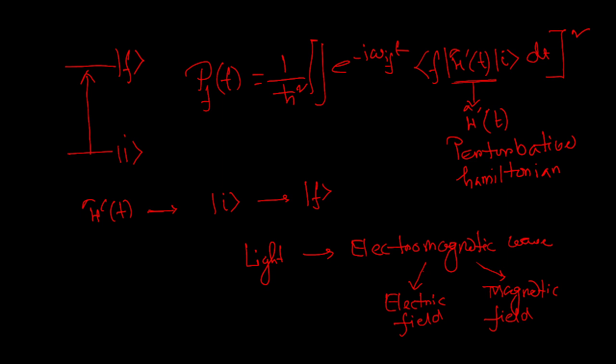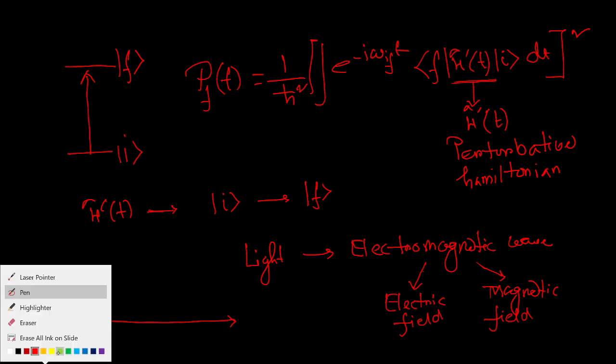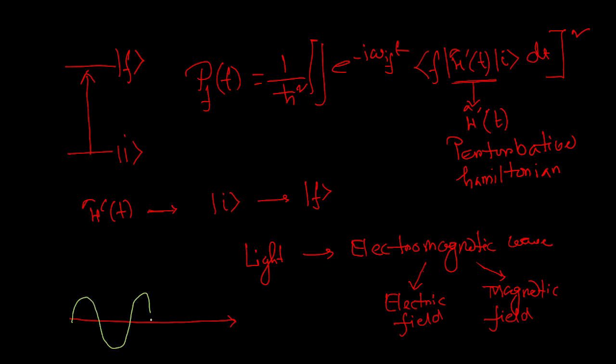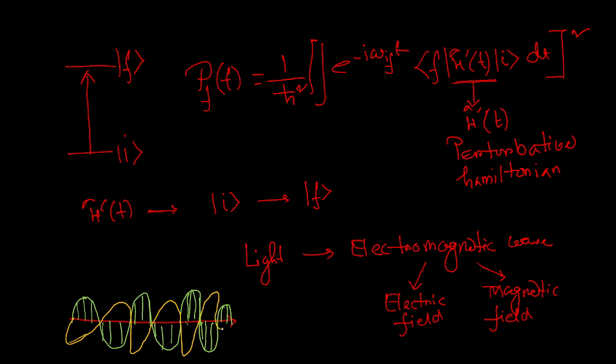So if light goes like this and your electric field is going like that, then your magnetic field will be perpendicular to it.